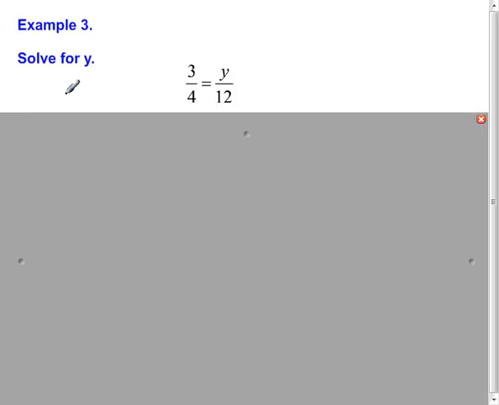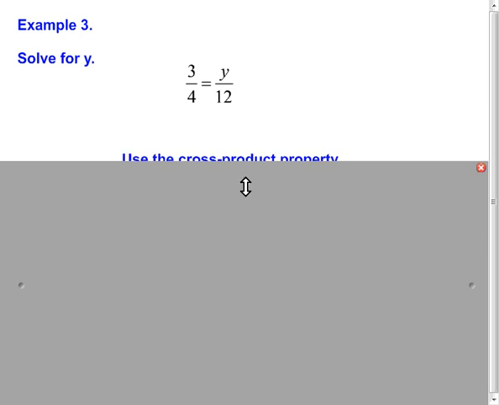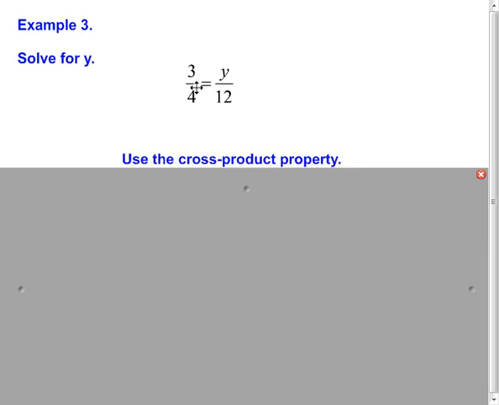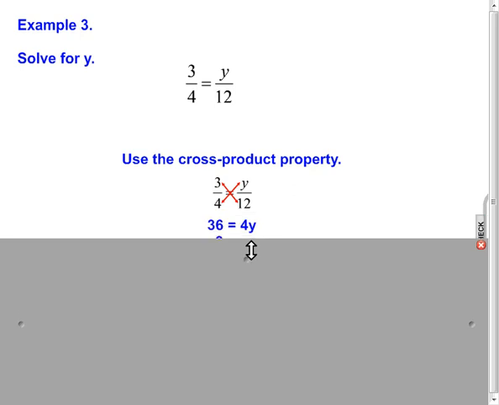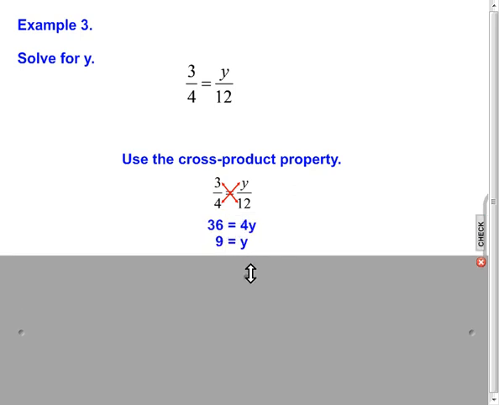Alright, example 3, to solve for Y, you can use the cross products property. So we're going to multiply 3 times 12 and set it equal to 4 times Y. 3 times 12 is 36, equals 4Y. In order to solve this, we would just have to divide by 4, so we get Y is 9. We could plug that in at this point and check.